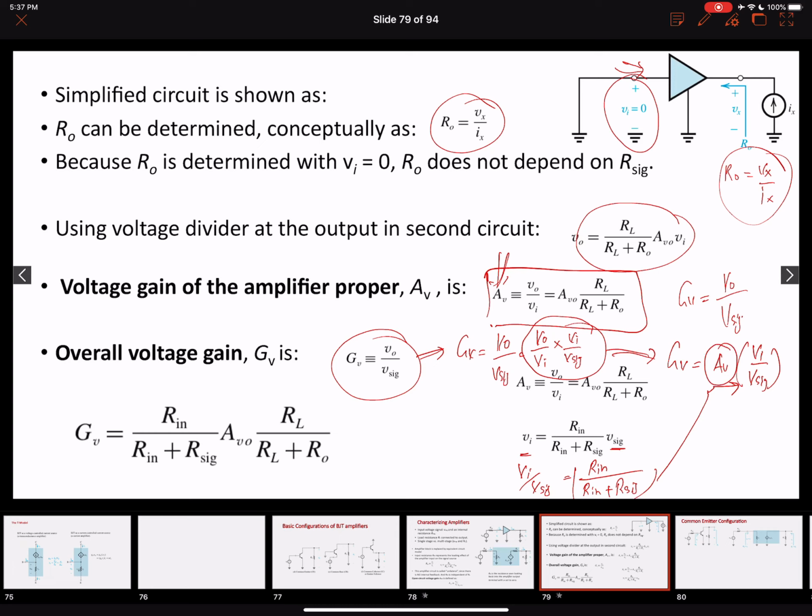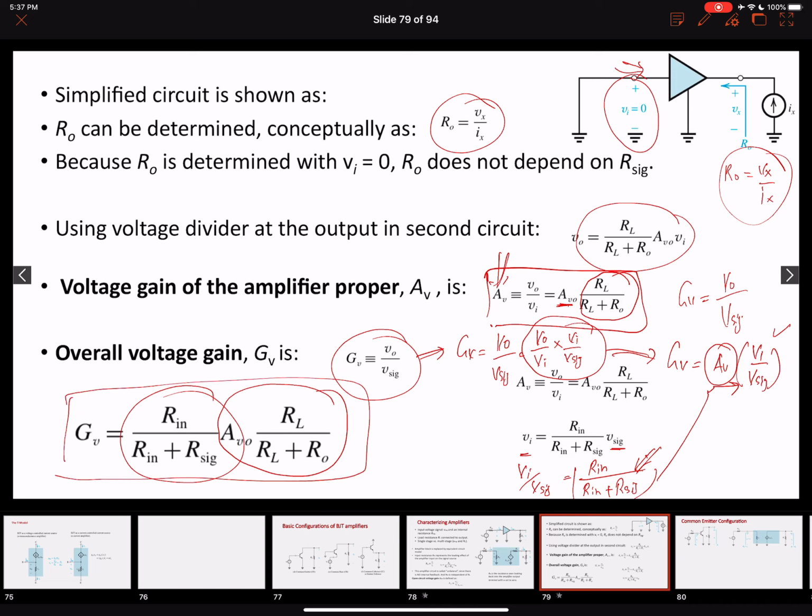Av equals Av naught RL over RL plus R naught. So Av is this, and then we have the Vi over V sig ratio, which is Ri over Ri plus R sig. All right, so this is our second product, and this is the value of the overall voltage gain. We are going to come back to this equation during different discussions in the lecture today.